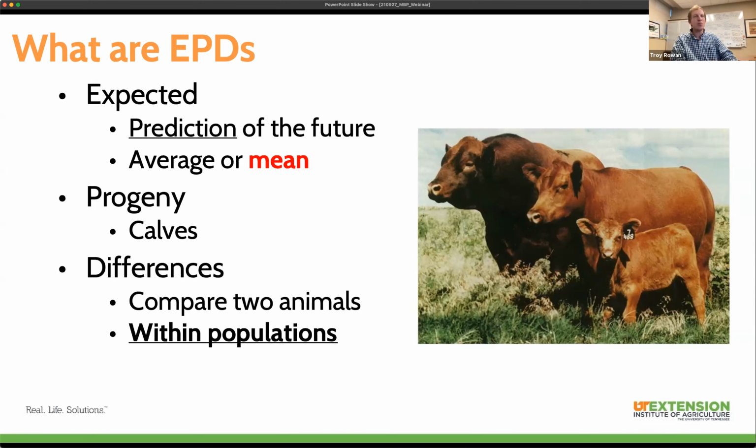So if we're deciding between bulls, we can only really interpret those EPDs if we're comparing them between the two animals. And typically these have to happen within populations. So an Angus EPD is not going to be directly comparable without some sort of an adjustment to, say, a Charolais or a Hereford EPD. So these are good for doing comparisons within populations.